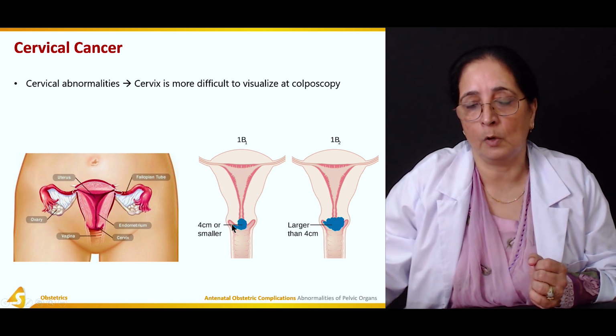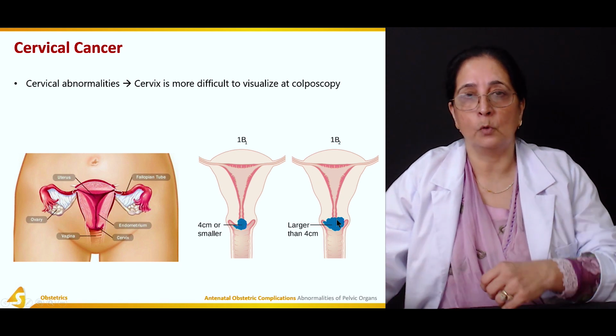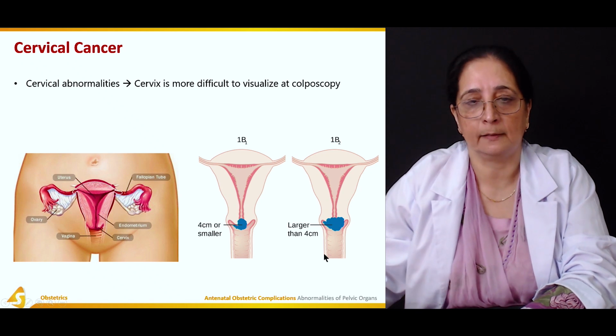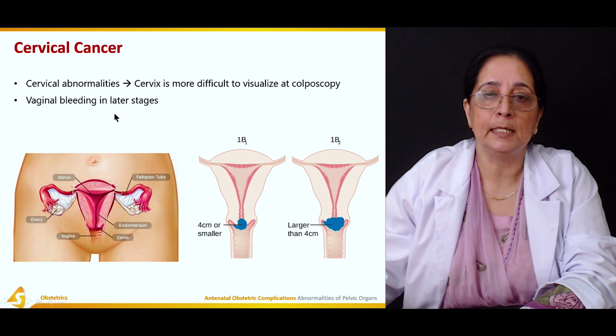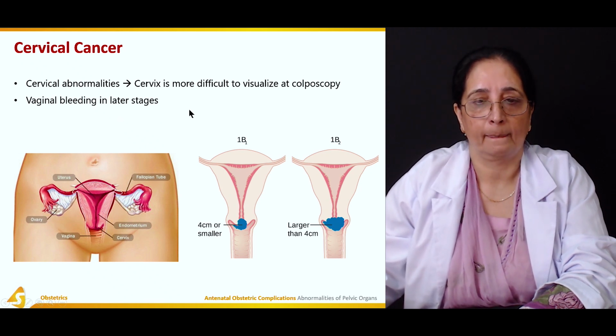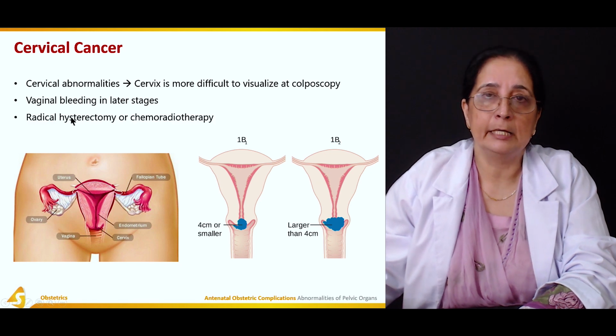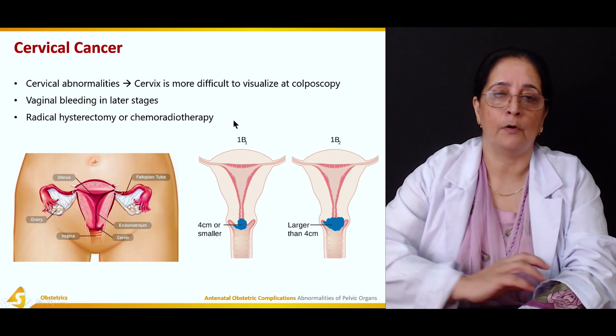This is a small growth, less than 4 centimeters. This is large, more than 4 centimeters. Vaginal bleeding is present in late stages of carcinoma. Radical hysterectomy or chemoradiotherapy is performed.